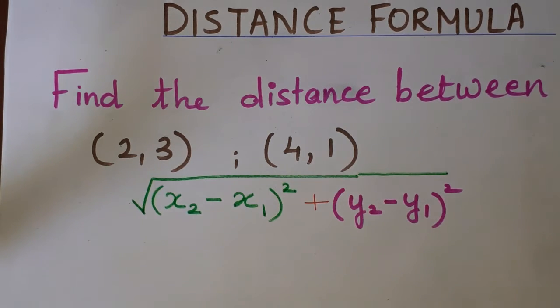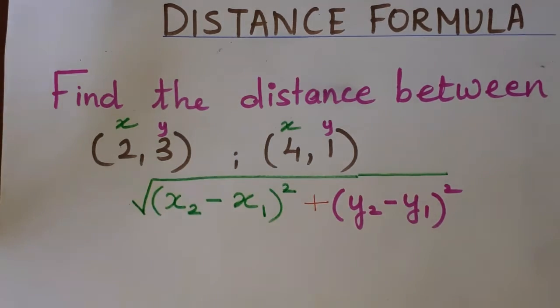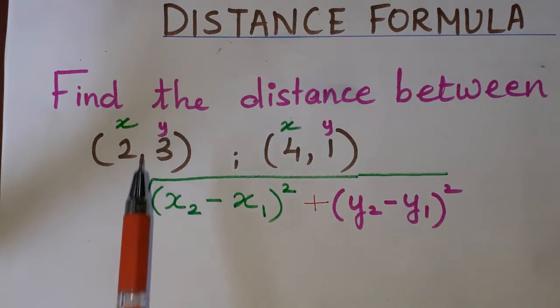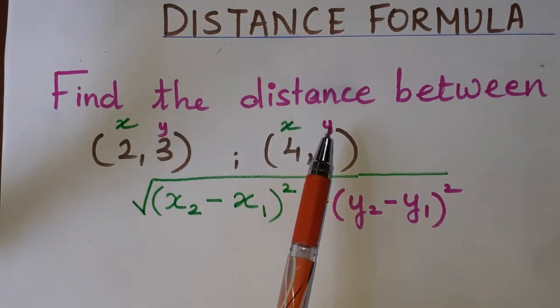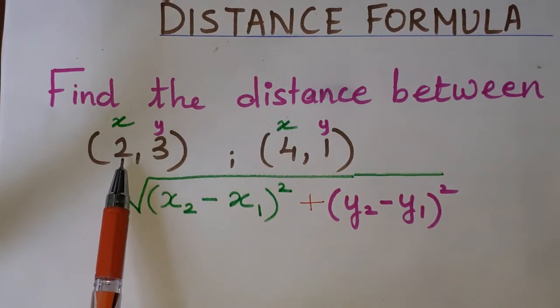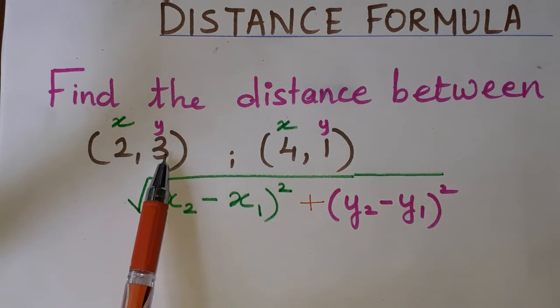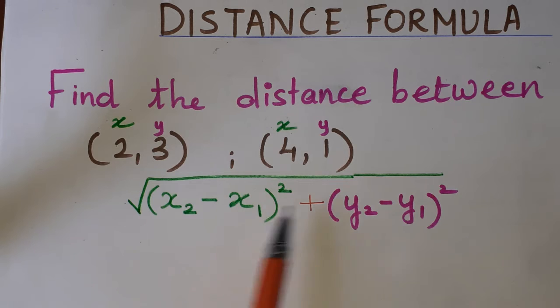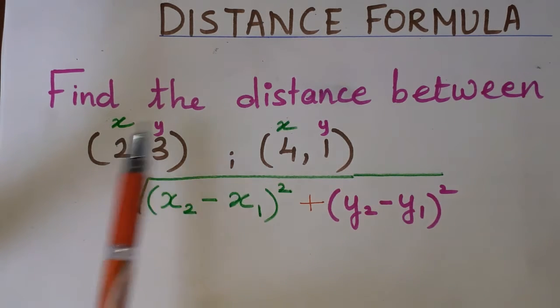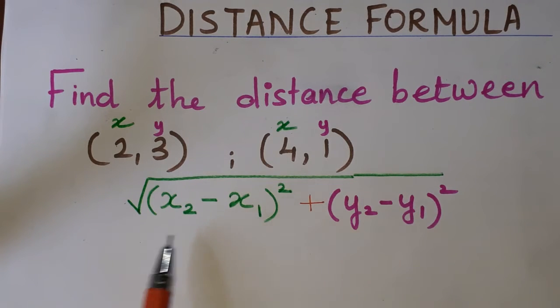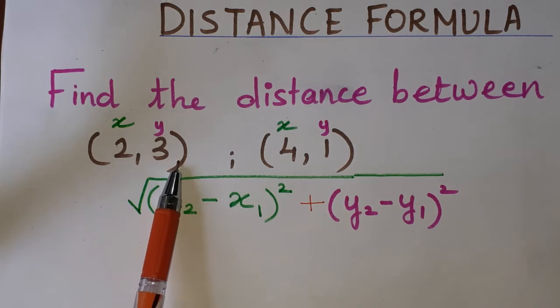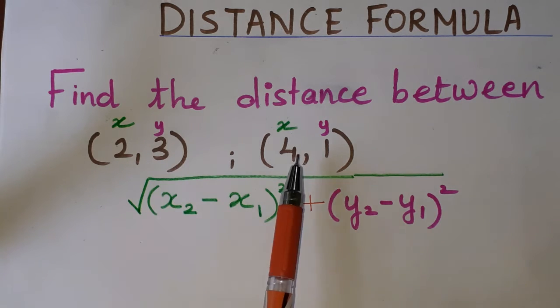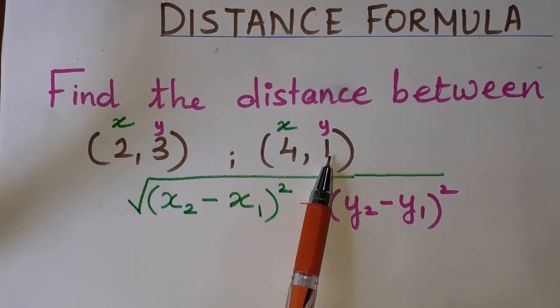So let's denote it. I have put x and y on top of them. The first number is always x and the second number is always y. But in this formula we want x2, x1, y2, y1, while over here there is only x and y. So what we should do is mark the numbers in the first bracket as 1 and the numbers in the second bracket as 2.